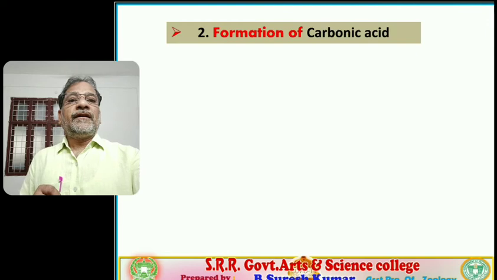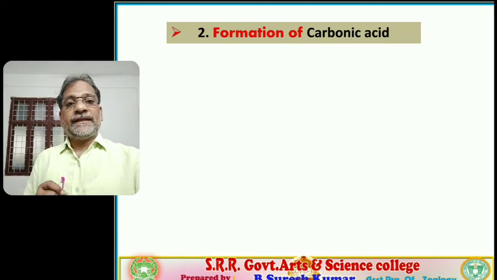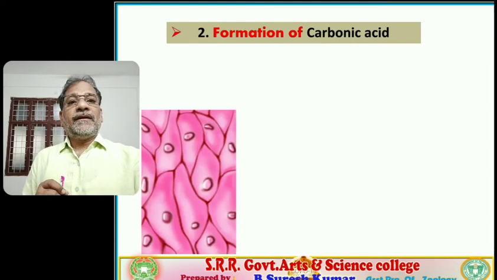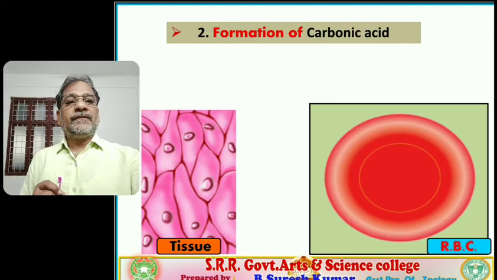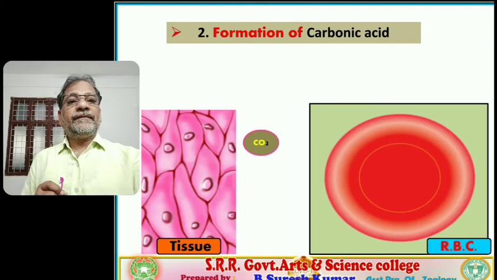The next phase is formation of carbonic acid. So here it is tissue and RBC.